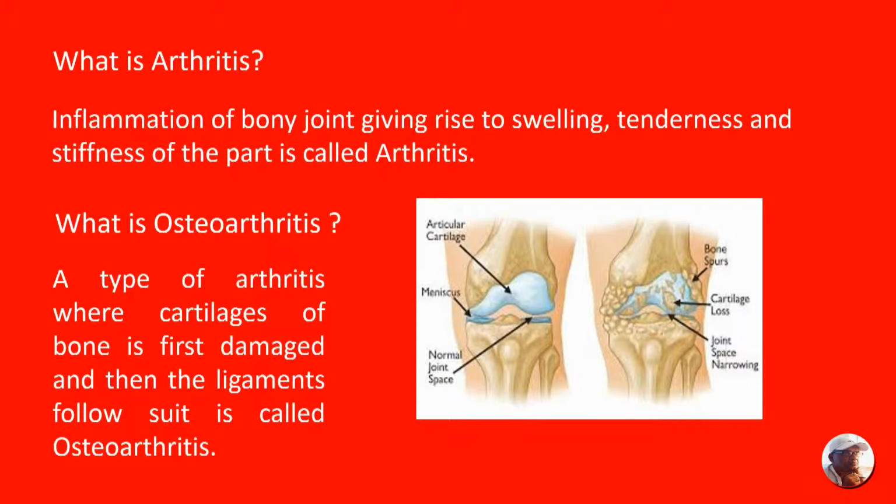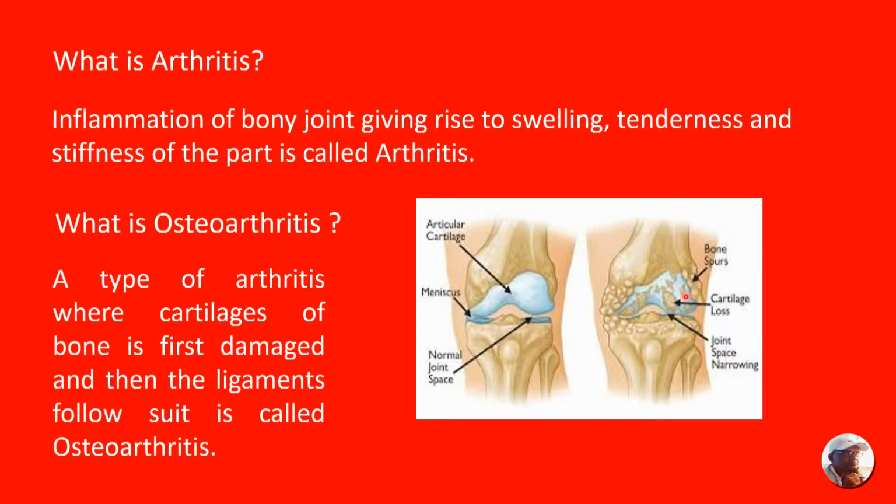This is a normal joint. These cartilages and these cartilages are intact. Now see here, on the right side, the cartilage has been damaged and eroded out, and the bony surface has come out. That is, the cartilage is damaged.